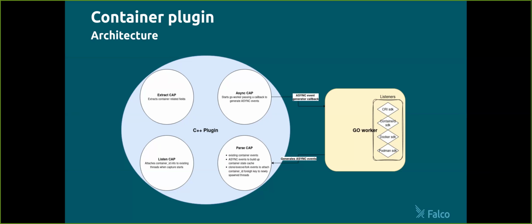The C++ side passes a callback that is going to be called by the Go worker to generate asynchronous events. The asynchronous events are then parsed by the C++ side, which is able to enrich its own container cache, and then extract, of course, the related fields.